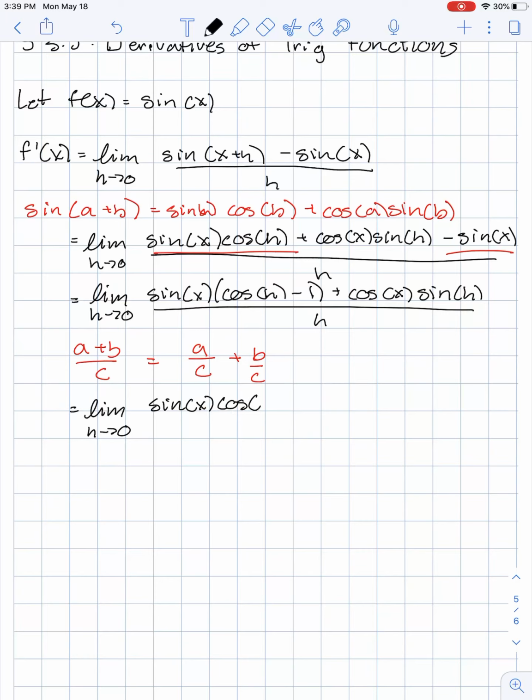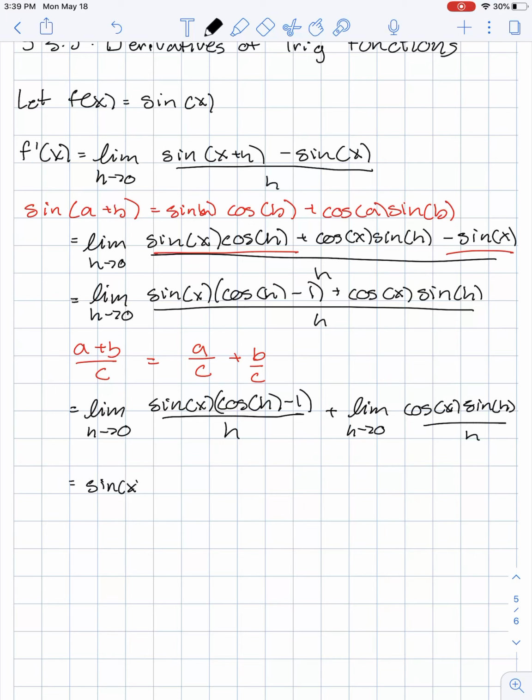So I'll have sine of x times cosine of h minus 1 all over h, plus the limit as h goes to 0 of cosine of x sine of h over h. I did two steps at once: splitting the fraction and distributing the limit.